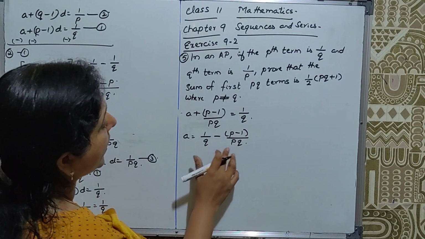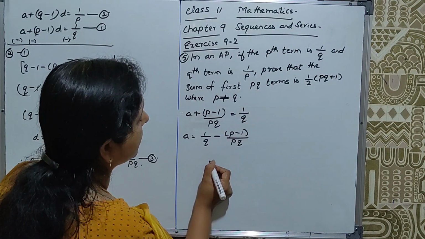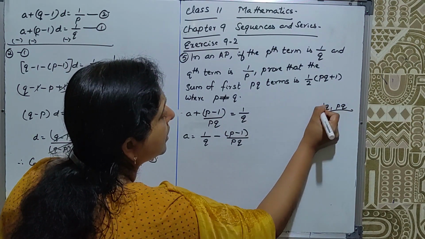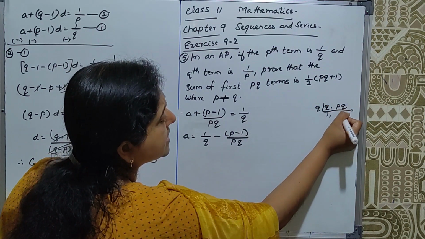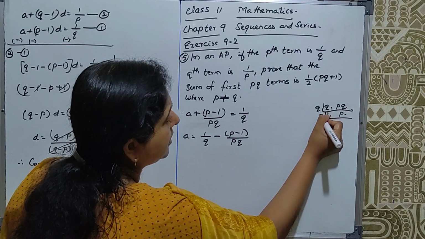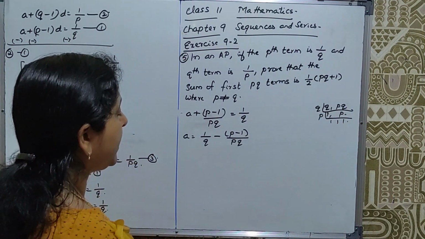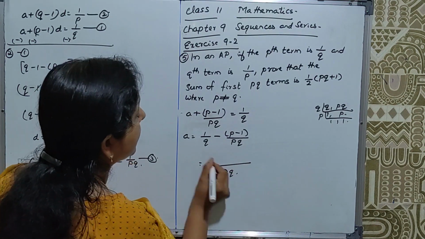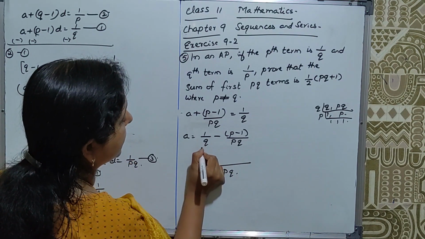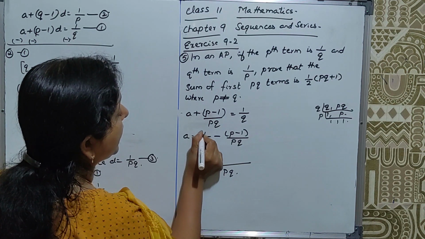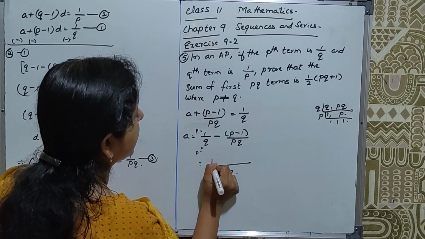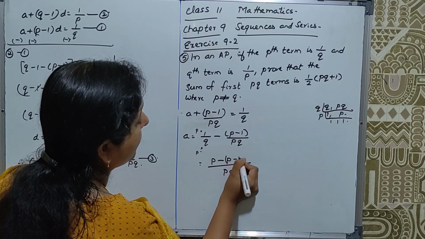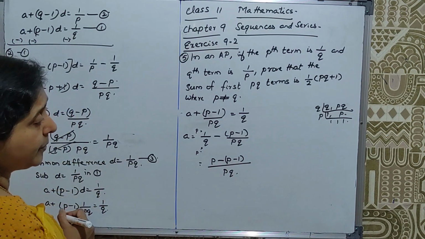Now the LCM of q and pq is pq actually. So for q the missing denominator is p. Multiply the numerator also with p. So it will become p minus p minus 1 divided by pq.